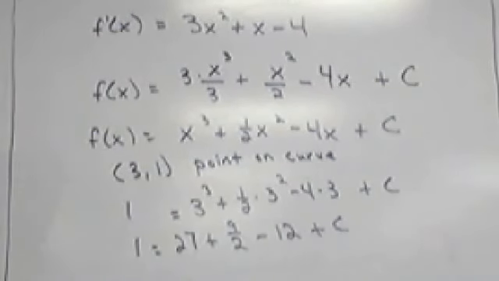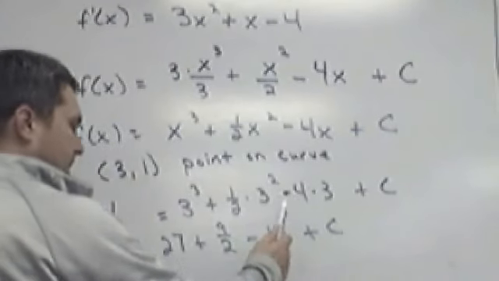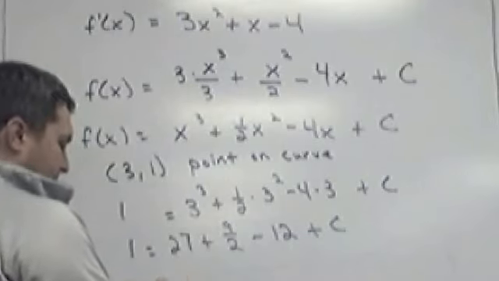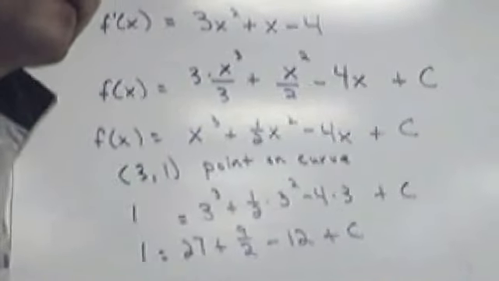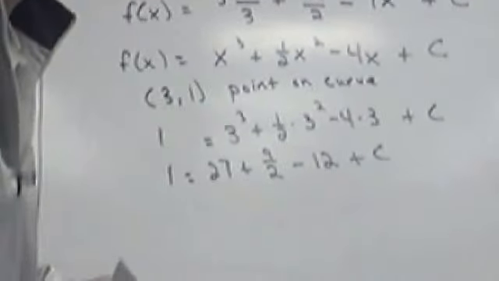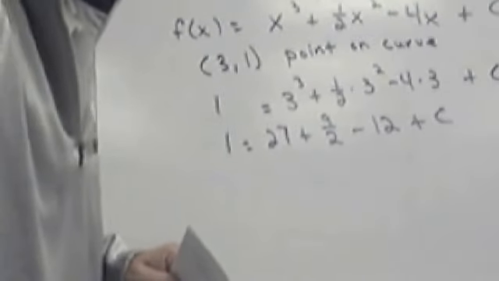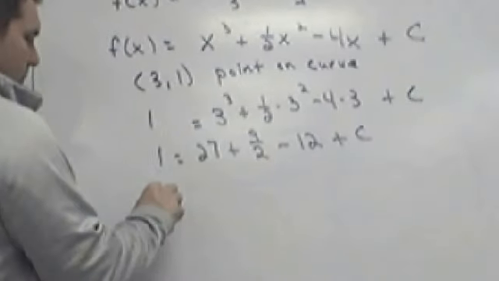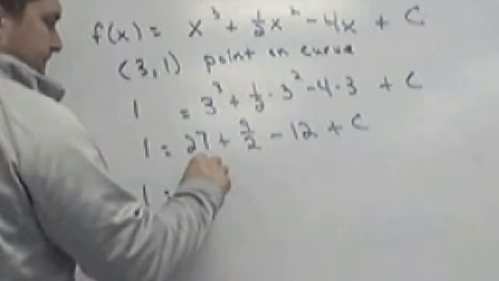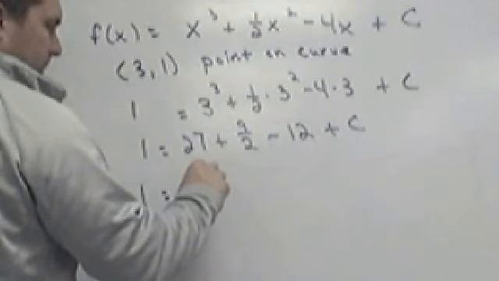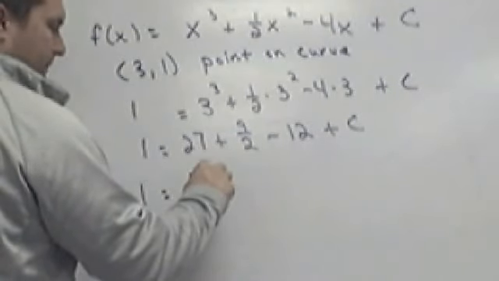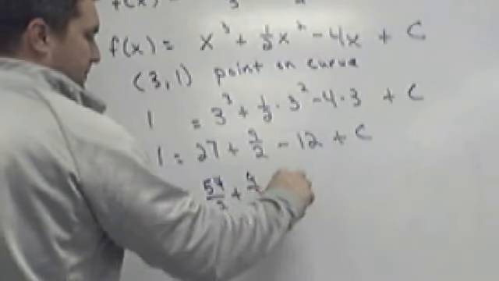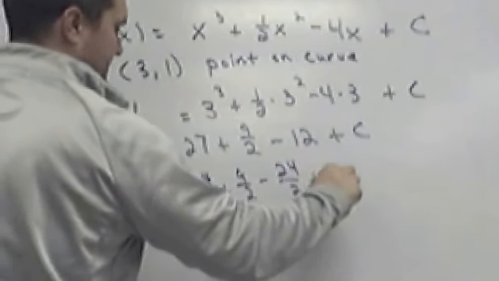So c is going to be a pretty big number, because this is 1, and I'm getting a little low here. Okay. So 1 equals, let's get a common denominator. 54 halves plus 9 halves minus 24 halves plus c.